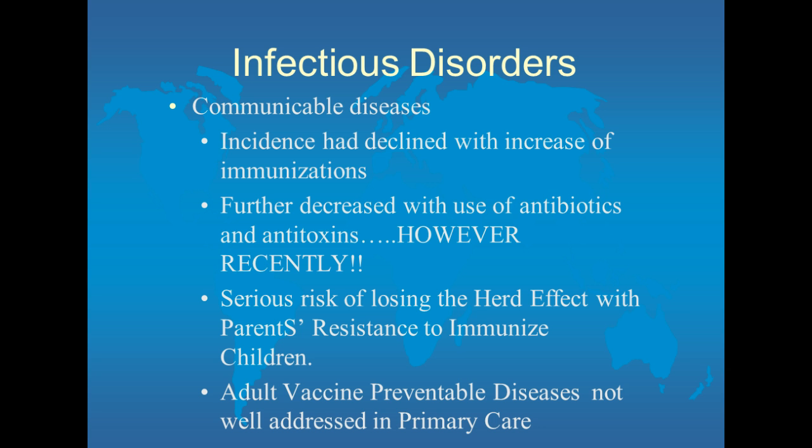It's all the mothers and fathers around them who have taken the risk and immunized all their children, and those immunized children are surrounding the non-immunized child and protecting them from getting the disease. So the problem with larger numbers not immunized is that you're going to lose what's called the herd effect, with the parents' resistance to immunize their children, and it's going to become a real problem.